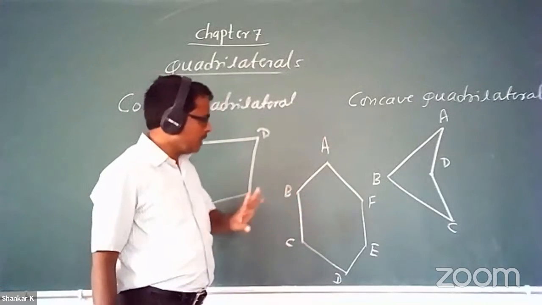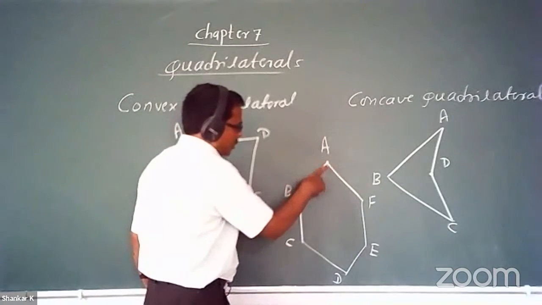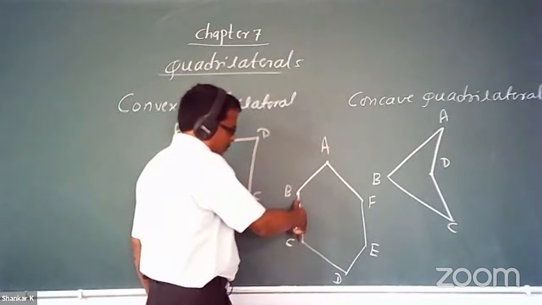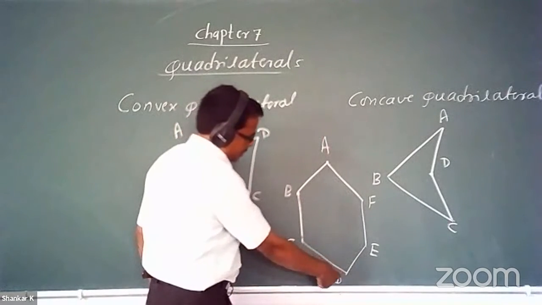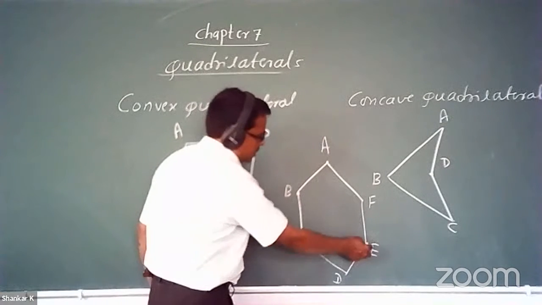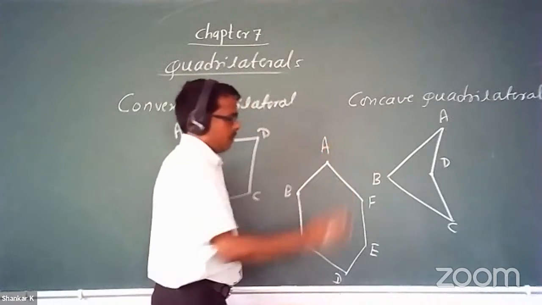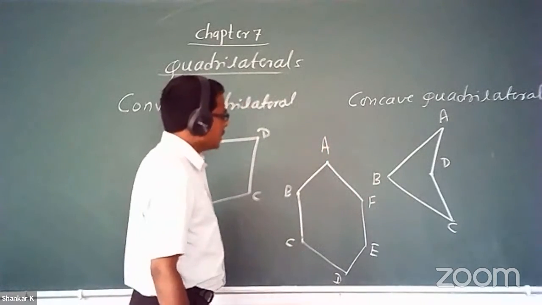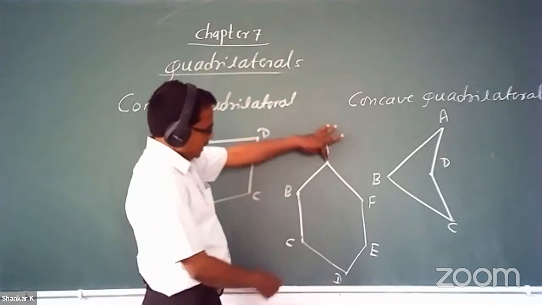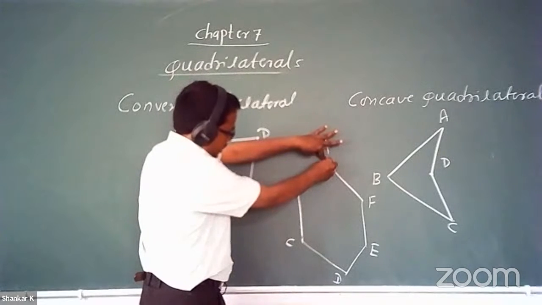Here A and B are consecutive because AB is common. B and C are consecutive. C and D are consecutive because CD is common. E and F are consecutive vertices. So which are non-consecutive? Take A and C. So join the line.